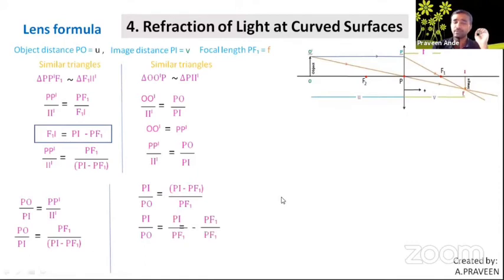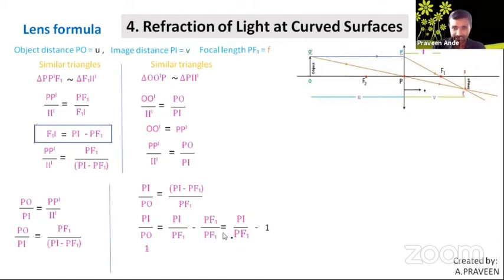So here Pf1 gets cancelled. What will remain here? Pi by Pf1 minus 1, because Pf1 gets cancelled here. That remains as Pi by Po equals Pi by Pf1 minus 1.